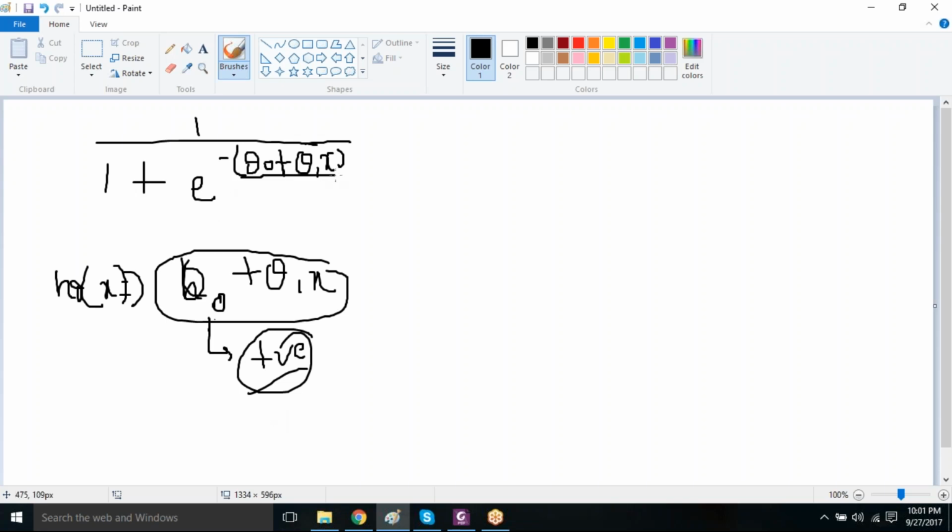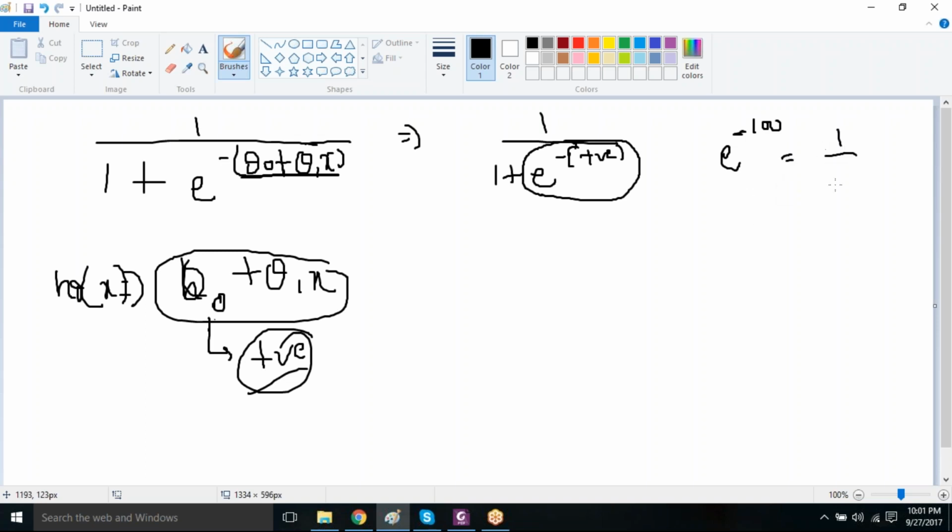Basically, this will become 1 upon 1 plus e raised to the power minus a very large positive number, right? So this whole value, e raised to the power minus a very big number, say 100, you can write it as 1 upon e raised to the power 100.